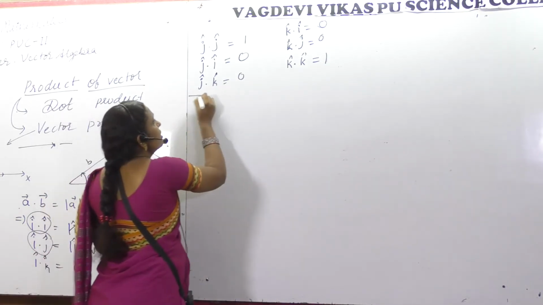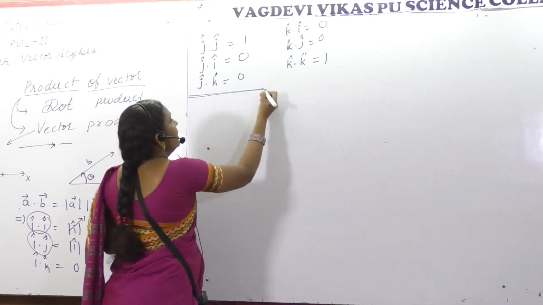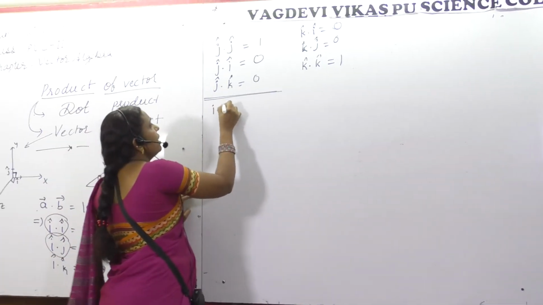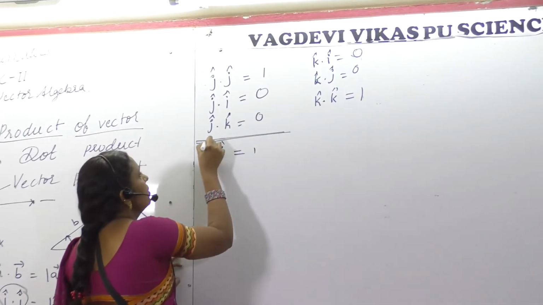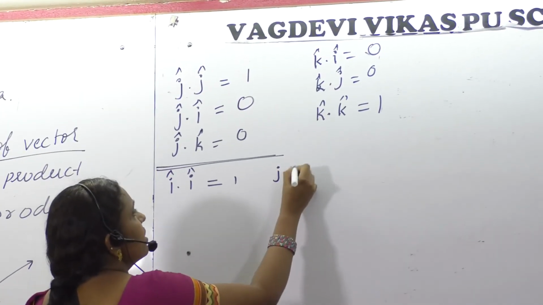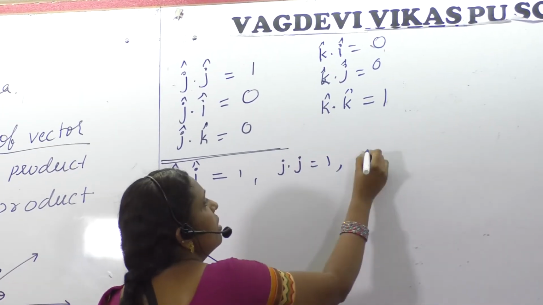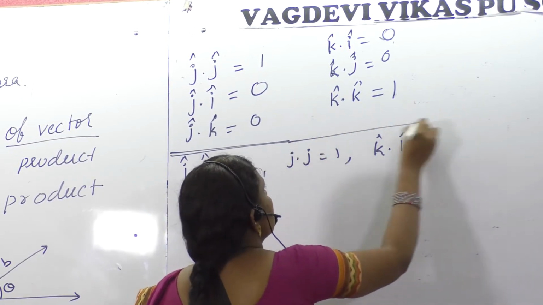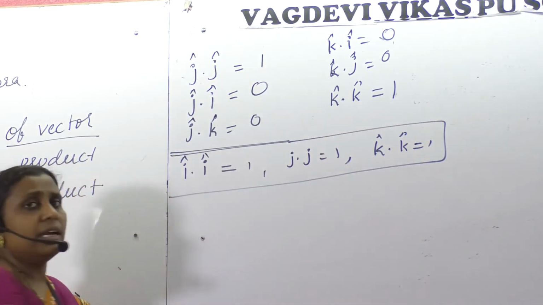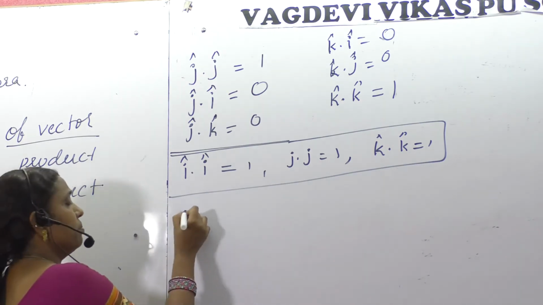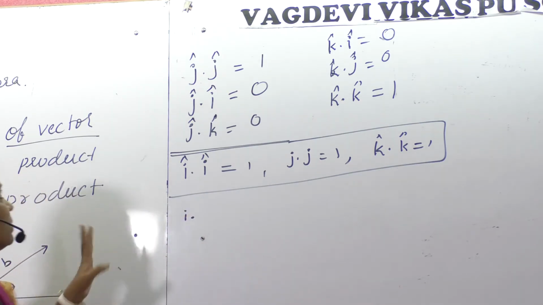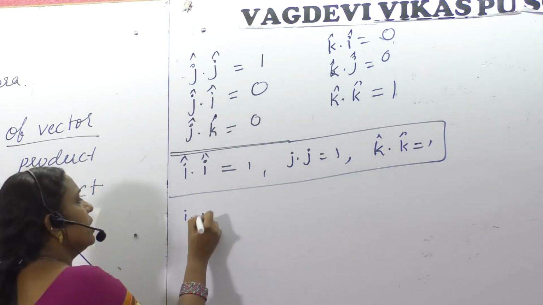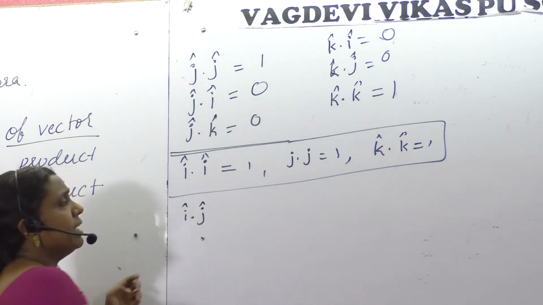So from this, what can we extract? i dot i is equal to 1. j dot j is equal to 1. k dot k is equal to 1. And if I multiply i with j, then you will get 0.